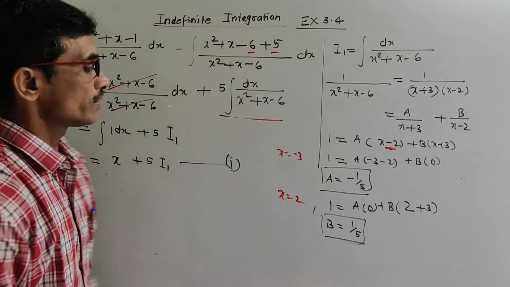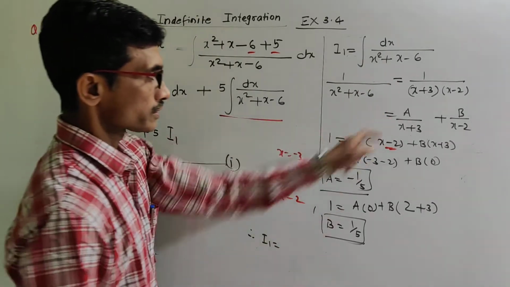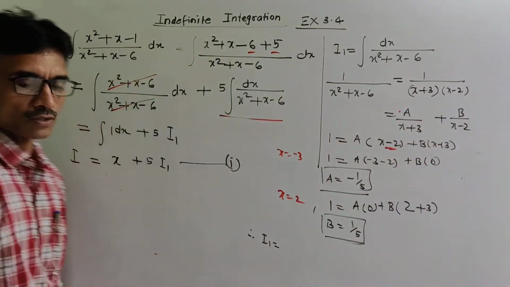Therefore I1 is equal to integration of a upon x plus 3 and integration of b upon x minus 2.